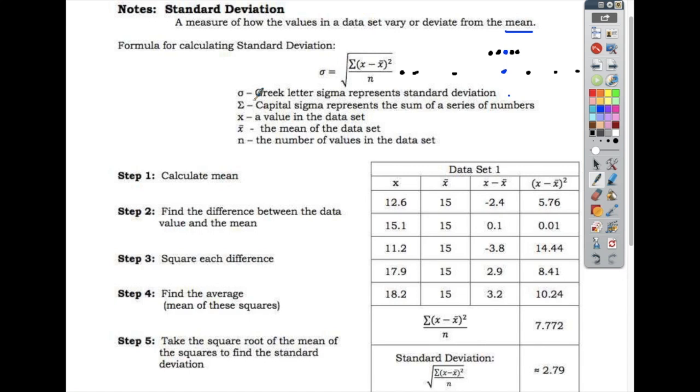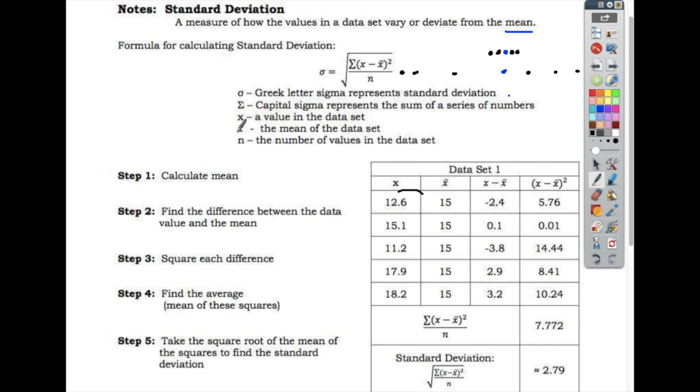So you might have already seen that in math used to represent the sum, and you'll see that in the future. This x is just going to represent a value in our data set. We've done tons of x and y tables, and now we're just going to have x in our table, and that just represents the values.